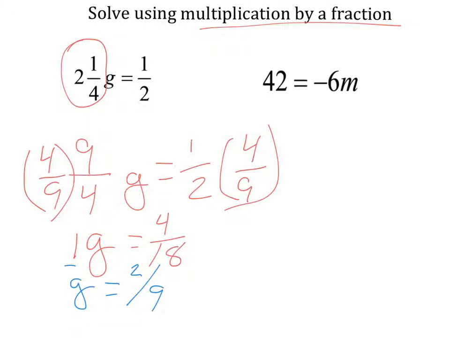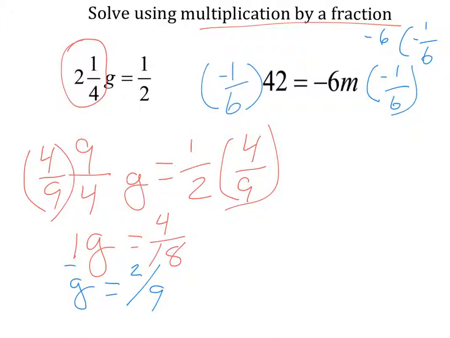On this other side, if I'm looking to solve it by multiplying by a fraction, the reciprocal of -6 is going to be -1/6. So I'm going to multiply both sides by -1/6. And you can get -42 over 6 equals m.